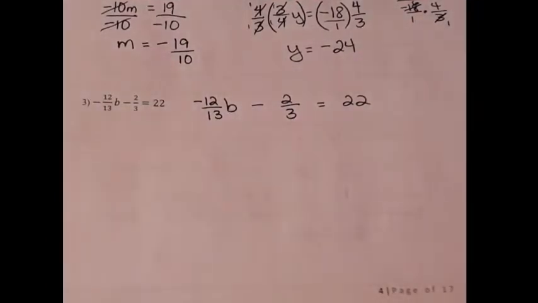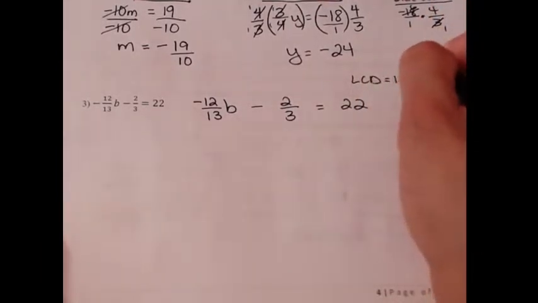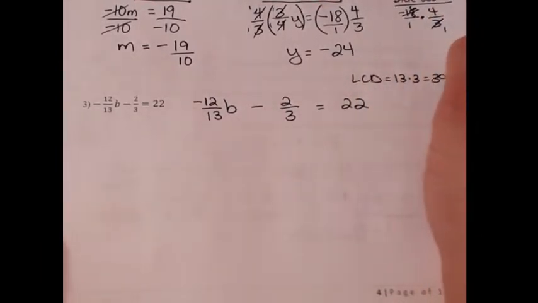Take a look at your fractions. Notice what your LCD is in this case. LCD, lowest common denominator. Your denominators are 13 and 3. So your common denominator is going to be found by taking 13 times 3, which is 39. So here's what I'm going to do. I'm going to note that your LCD is 13 times 3, which is 39.